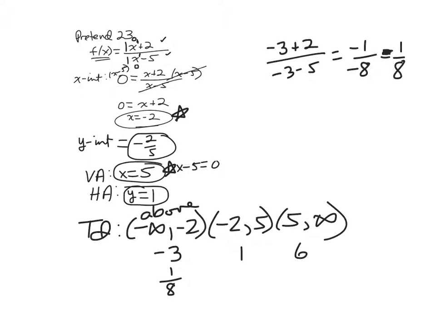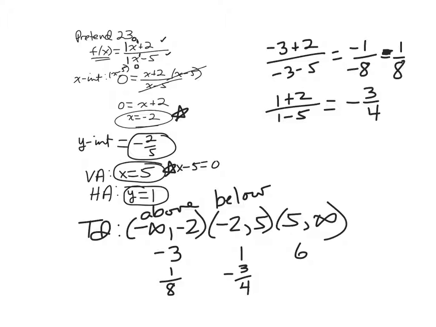If I put the 1 in, I'll have 1 plus 2 over 1 minus 5, which is going to be 3 over negative 4, negative 3/4. So that means I'm always below the x-axis on the interval from negative 2 to 5.